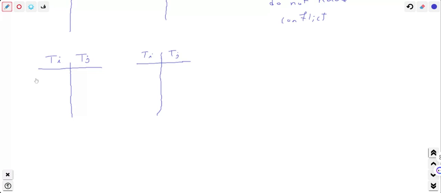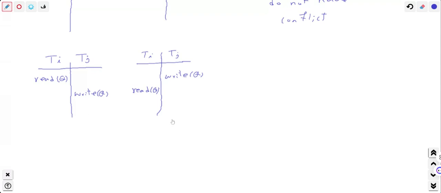In the first order, assume that Ti reads Q, and then Tj writes Q. In the second order, on the right side, suppose that first Tj writes Q, and then Ti reads Q. Does the result differ in these two orders or not?